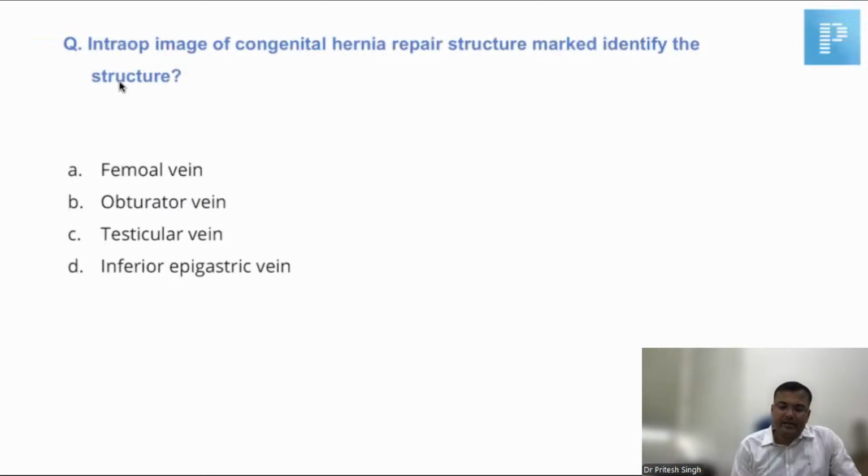So guys, in relation to hernia, there will be inferior epigastric vessels. Clear? If it is related to the ring, direct or indirect. So chances are that D will be the correct answer, but it depends on the image.